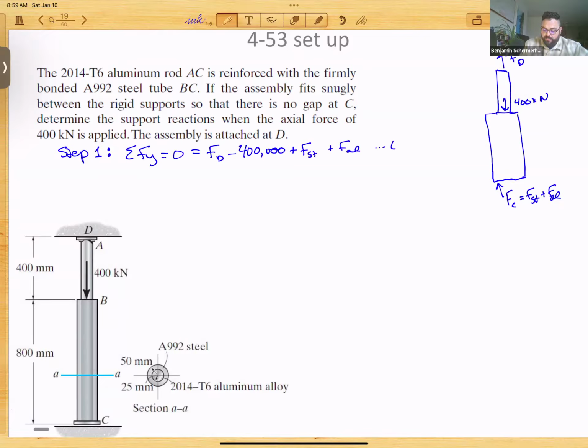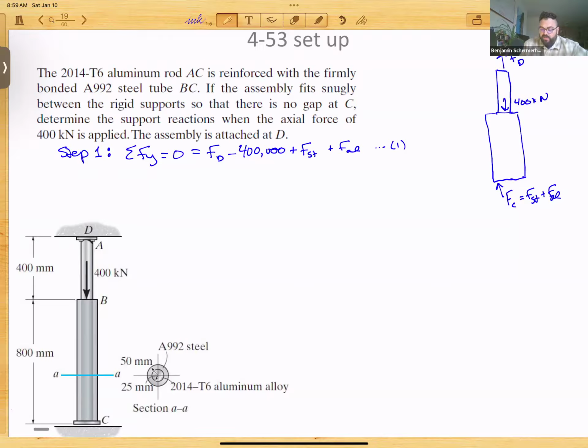So that becomes our first equation that we have to work with. That's going to be our equilibrium equation. And that's what we would get if we were doing any particular slicing anywhere.